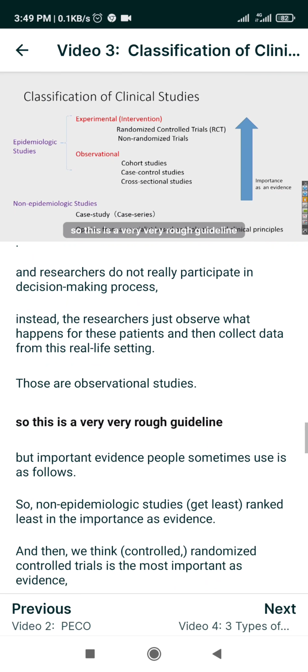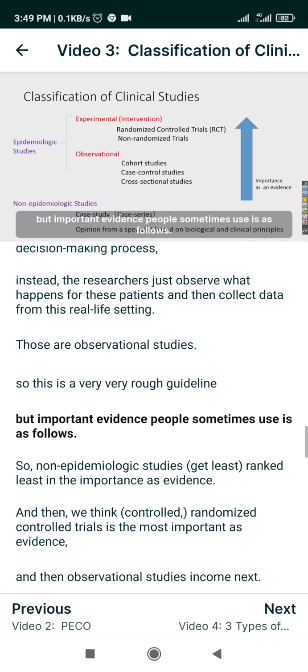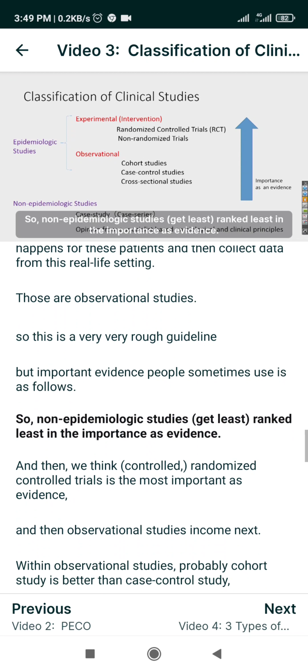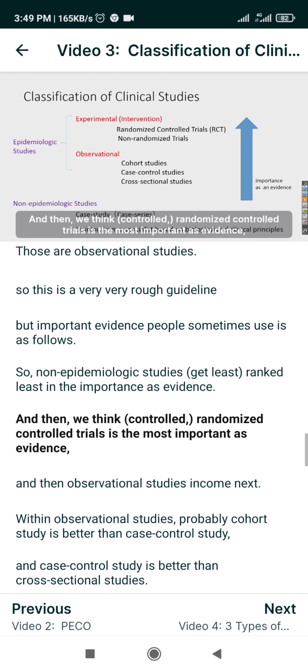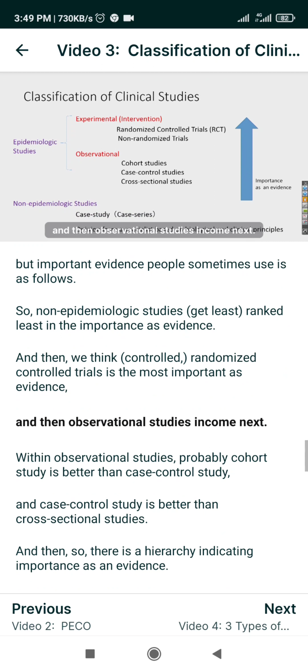This is a very rough guideline, but the importance of evidence that people sometimes use is as follows. Non-epidemiological studies are ranked least in importance as evidence. Then we think randomized controlled trials are the most important as evidence, and then observational studies come next.